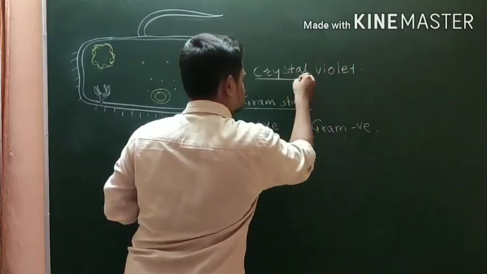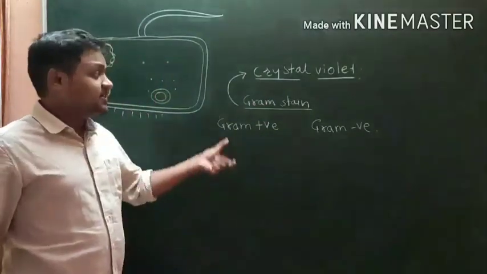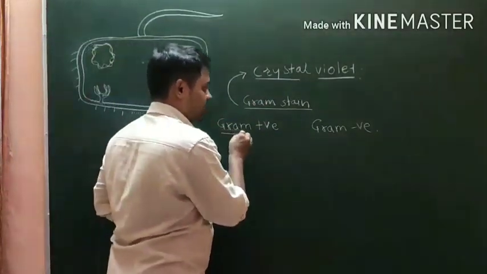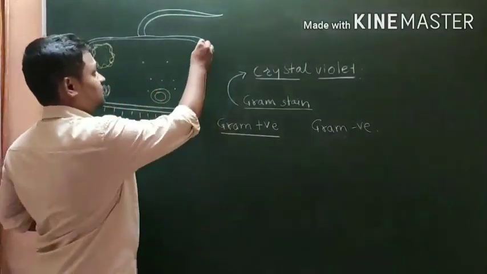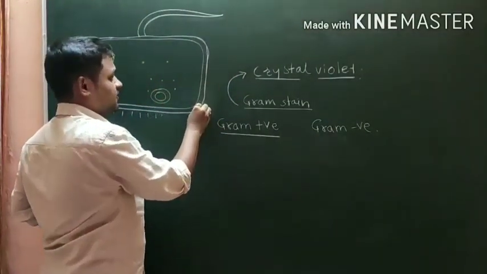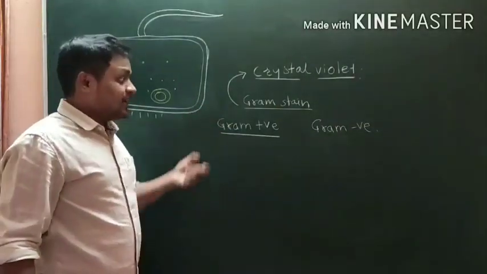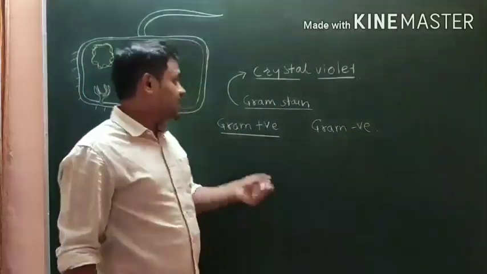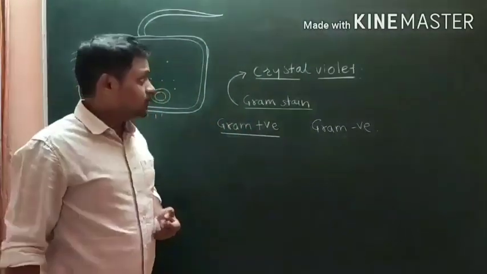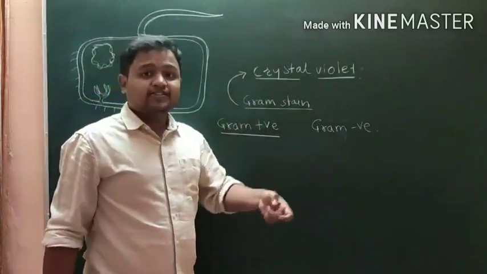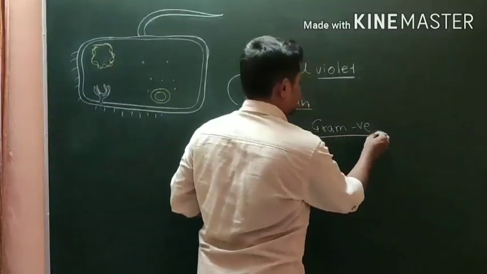Those bacterial cells which take crystal violet and appear dark colored are called gram positive bacteria. This dark color is due to the cell wall, because gram positive bacteria contain a thick cell wall. In gram negative bacteria, the cell wall is somewhat less thick, due to which crystal violet is not taken up by them, so they become light colored.